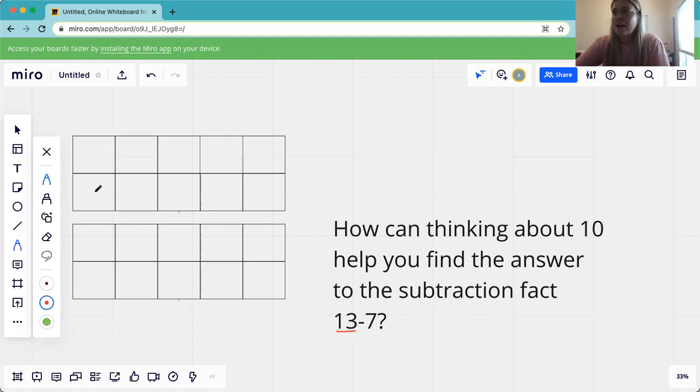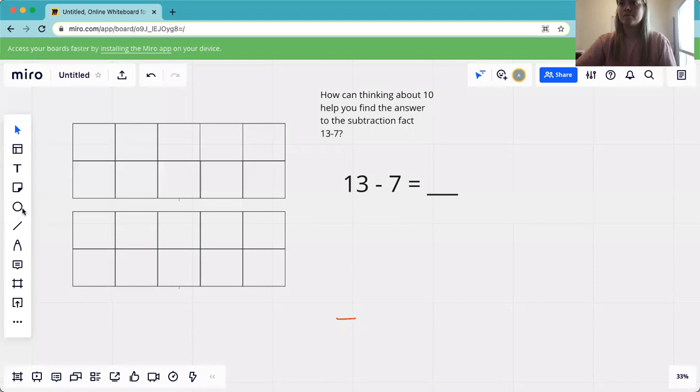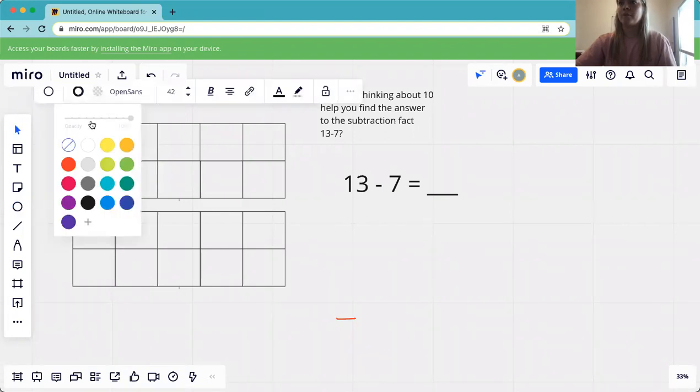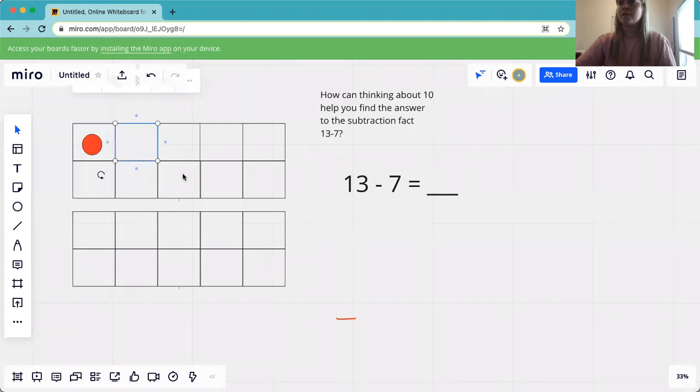And thinking about this, how many counters does a tens frame hold? Yes, it holds 10 counters. All right, so I'm going to put in my 13 counters, and I'm going to fill it in with red so it's easier to see.